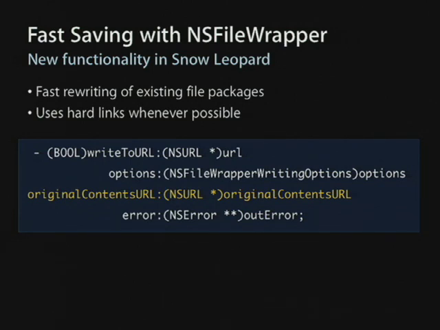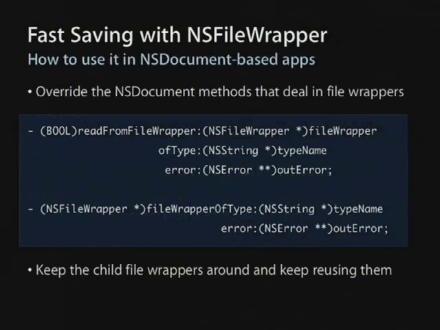So instead of writing out entire files, when you're saving a document and the old revision is still there on disk, and you're saving a new revision, just create the directory that's the file package and populate it with hard links to the unchanged files in the old revision, and then save changed files around those hard links. And so that's what this NSFileWrapper method does if you point it to the old revision of a document that you're saving. And this really does work on pretty much all the file systems that we care about.